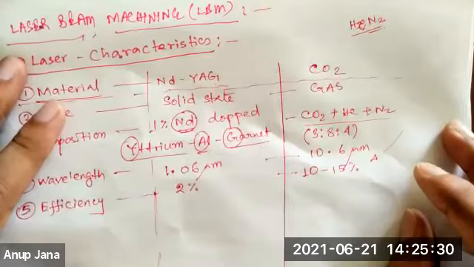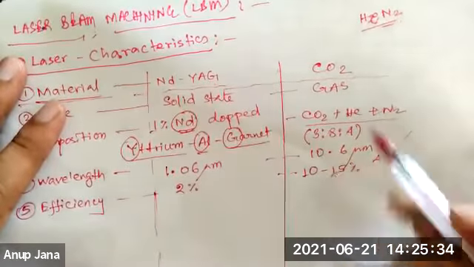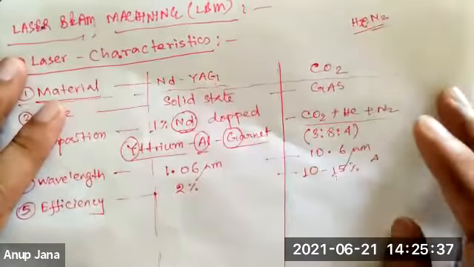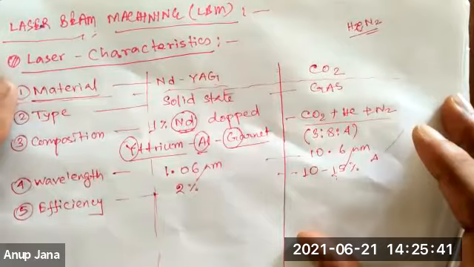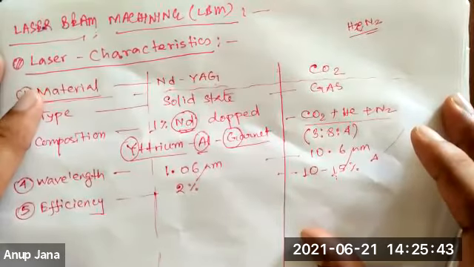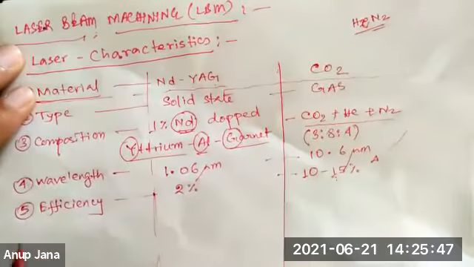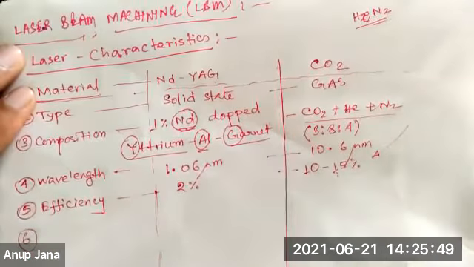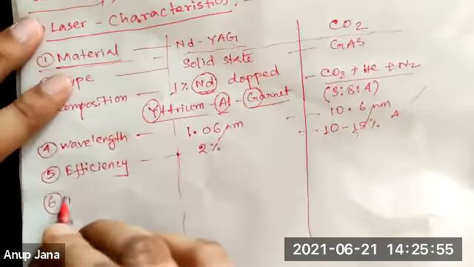Because of that reason, it is somewhat limited in use. Every time it is not possible to use this CO2 laser, but anyhow it will give overall better efficiency. Then the sixth point is beam mode. So what is beam mode?